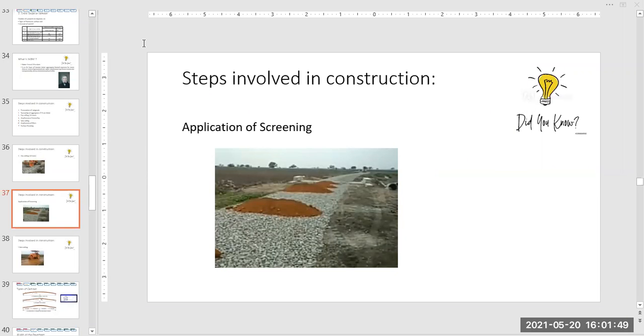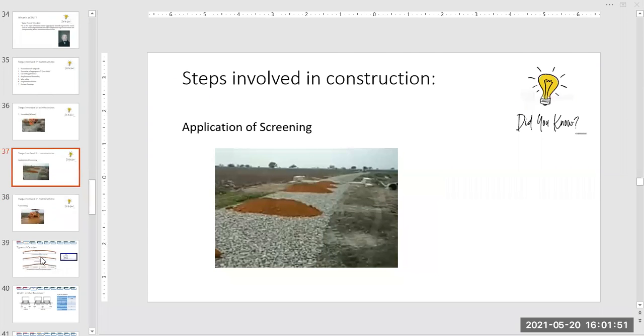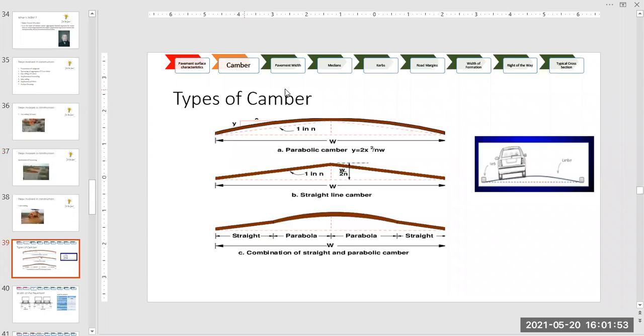Okay, getting back to our cross sectional elements, we were talking about camber, right? These are some of the important formulas in transportation or highway engineering that we need to remember. So as I have told you, this is going to be the camber. This camber can be provided in many ways.